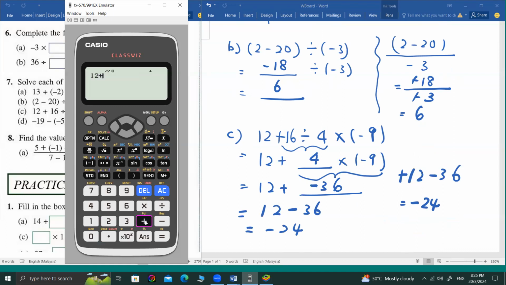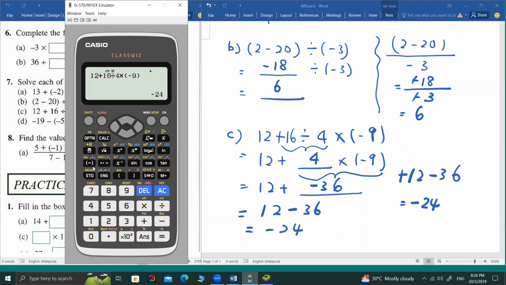Again, I just show you one by one. 12 plus 16 divide 4, you just follow the bracket. You apply negative 9. See the answer? Accidentally, I pressed all clear. Sorry, should be equal. 12 plus 16 divide 4 times negative 9, equal negative 24.